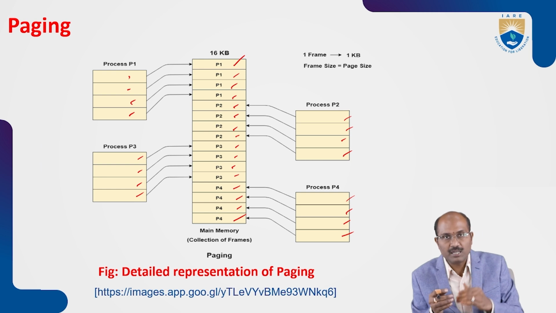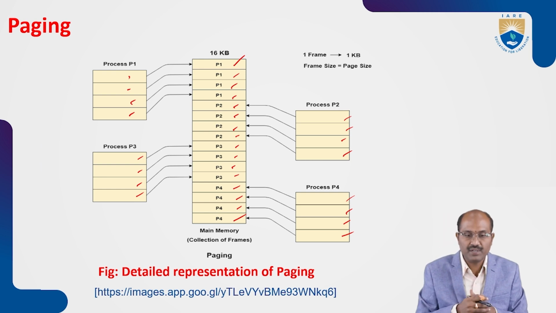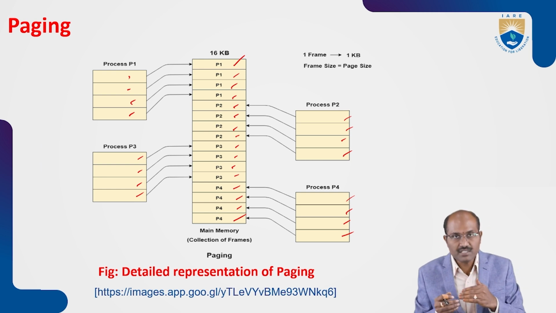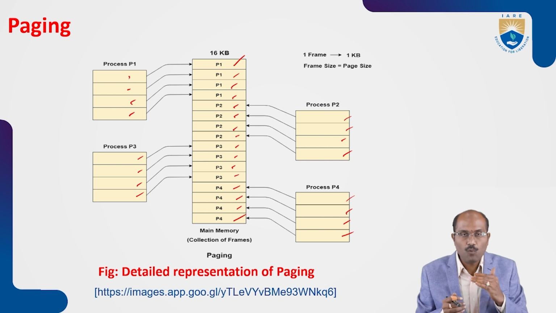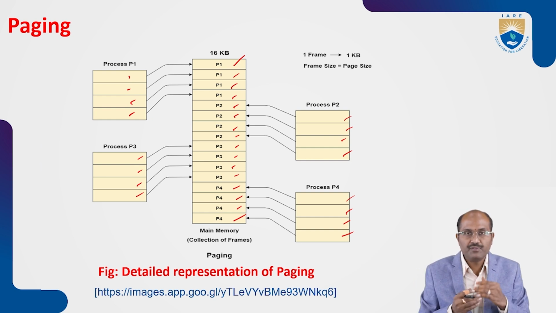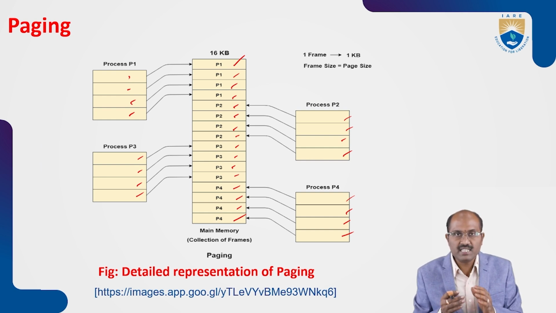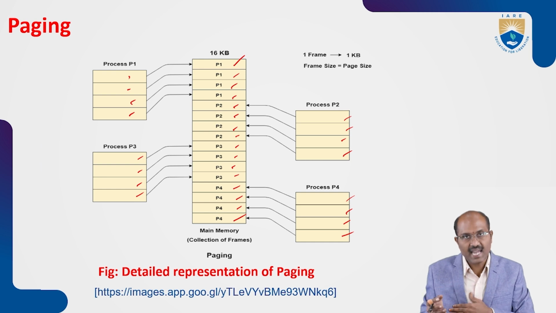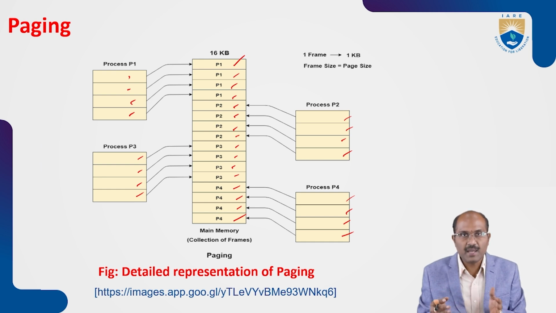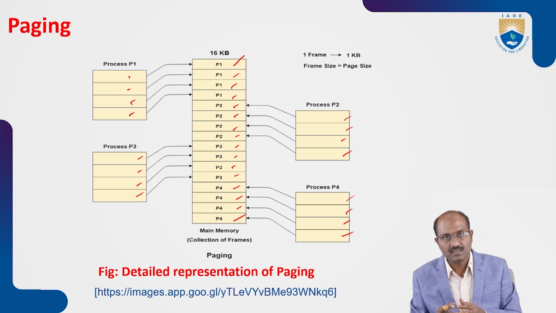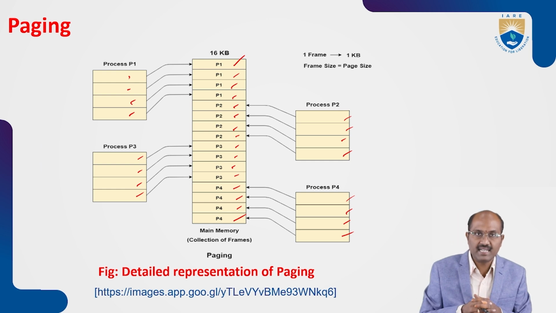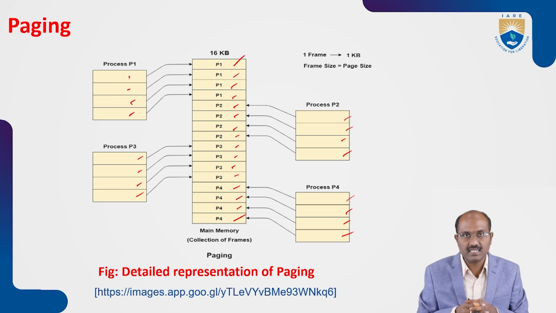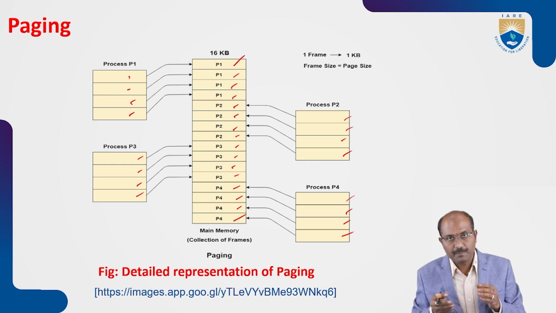All of it becomes a collection of frames, and each frame is 1 KB. That frame size should be equal to the page size. Frame size and page size should be equal; only then does the mapping technique take place.